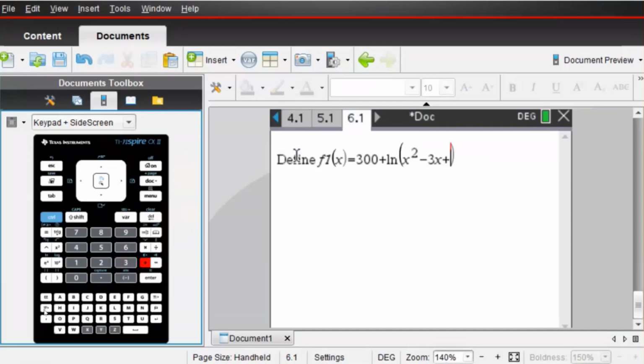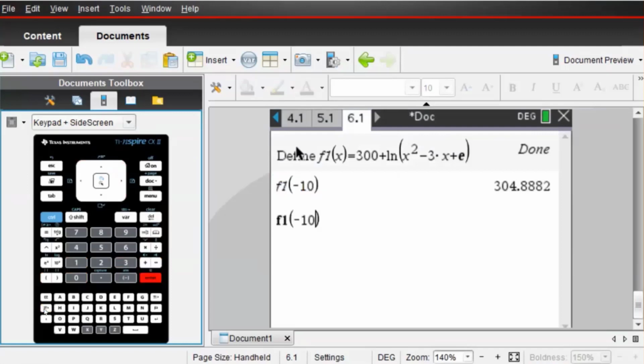Number of ways we can get the e. Let's just get it straight from this e button here. All right, so what I did is I just evaluated f1 at minus 10, evaluated f1 at 0, and evaluated f1 at 10.